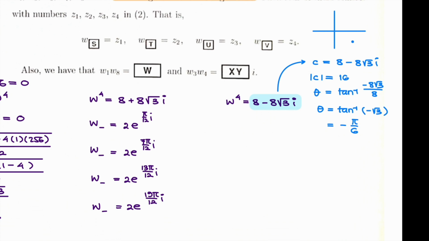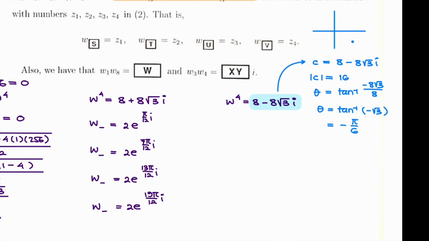So I should write down the argument in the fourth quadrant. You cannot write down this argument in the second quadrant, even though in the second quadrant tan is also negative. But since the location of C is in the fourth quadrant, the argument must be written in the fourth quadrant as well.